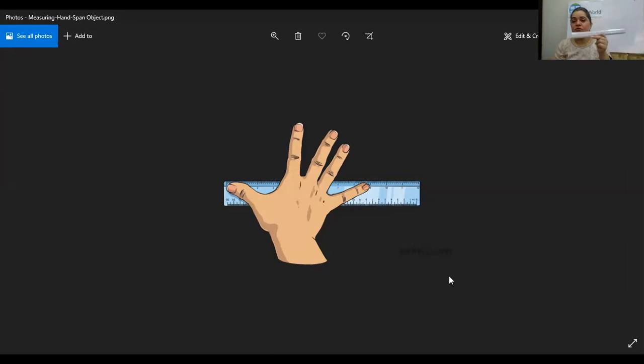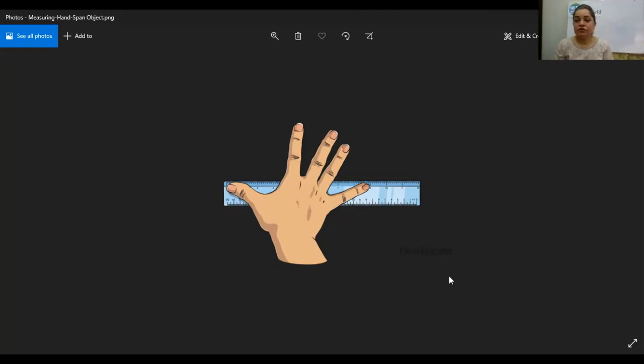Now all of you take out your ruler, open your hand wide like this, put it on the ruler, and see how long your hand span is. I'm going to write that my hand span is almost 8 inches.